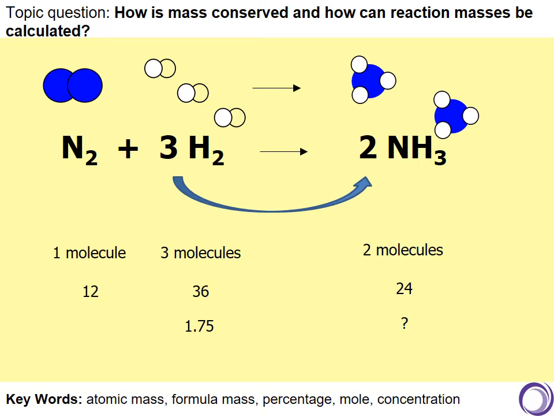So when I've gone from 3, I can put 3 on the bottom because that's what I've come from, and I'm going to 2, 2 goes on the top. That gives me the fraction of 2 over 3. If I then multiply 1.75 times 2 over 3, that would tell me that the moles of ammonia that I would make are 1.16.